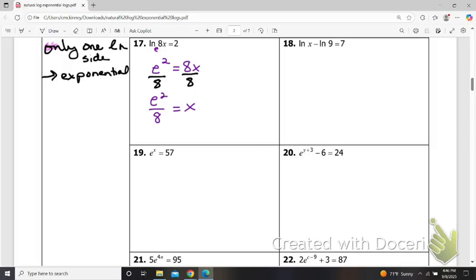And to get e, you do second and the ln button. It's going to look more like "in" on there. Second and the ln, and then it's going to go e to the, and it gives you a parenthesis. You're going to put the 2 inside and then close it and then divide by 8.